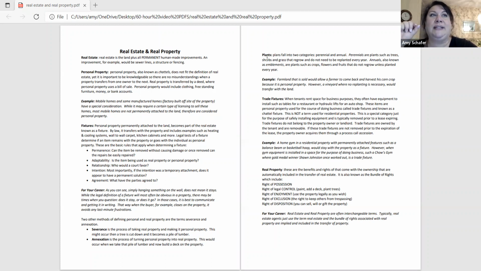Anything that regrows itself every year is a perennial. That is a fixture and remains with the property. Annuals that you've got to replant, your petunias, anything that you've got to replant every year. Crops is going to be the big one, I think, for the exam. That is personal property.